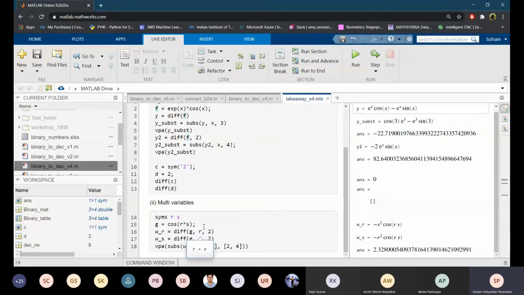But as you explore ahead on your own, you'll also get to know that MATLAB sometimes decides on its own. If you don't specify this r, there is a rule, I don't know the specific word, where it decides based on closeness to the x variable in the alphabet. For example, in the alphabet, s is closer to x, right?